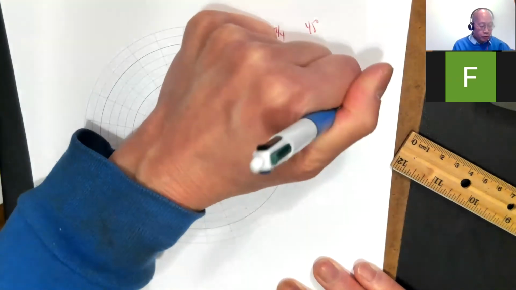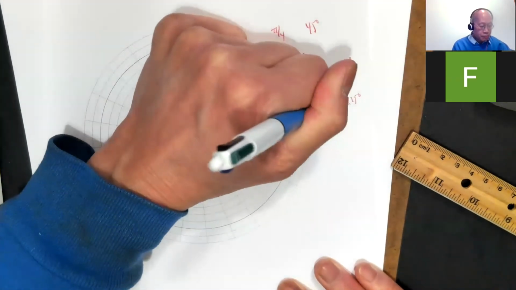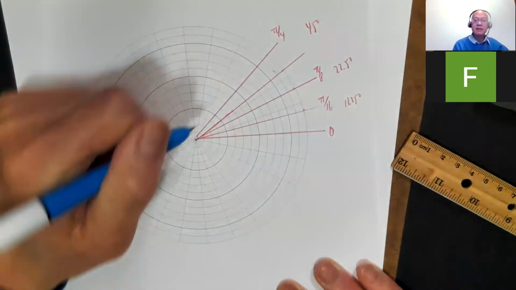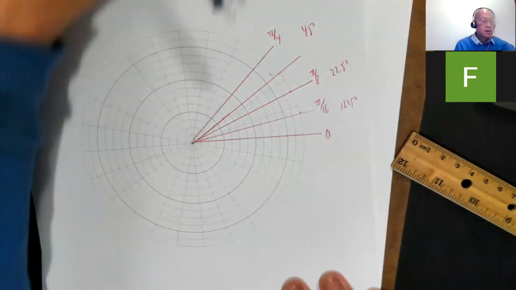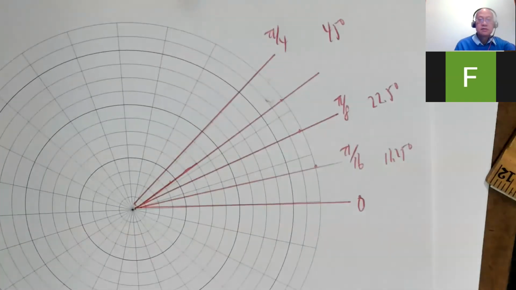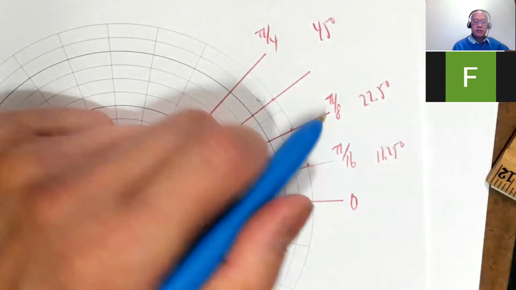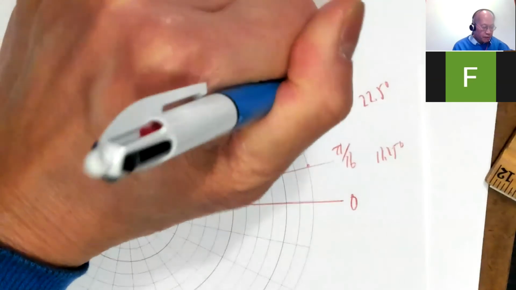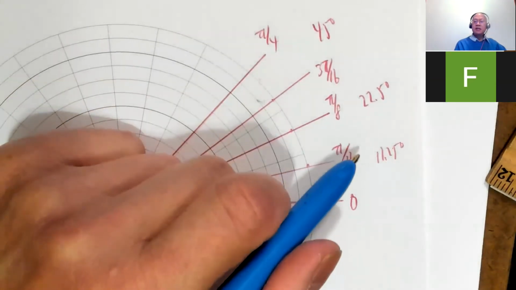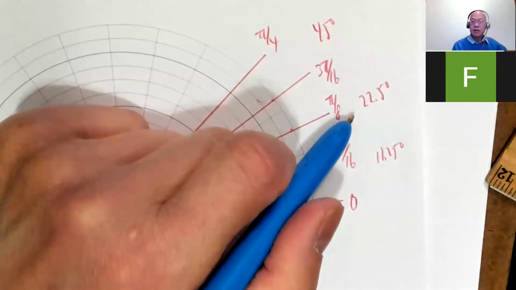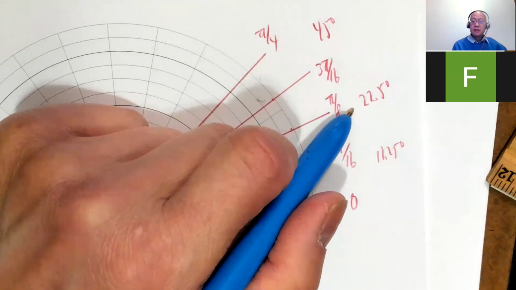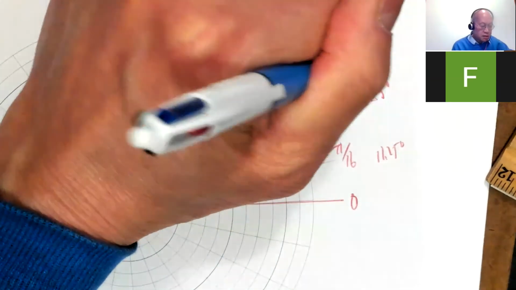So this is 11.25 degrees, pi over 16. 2 pi over 16, 3 pi over 16. And then this one, I don't even know what that would be. 33.75 degrees. You don't have to write the degrees.